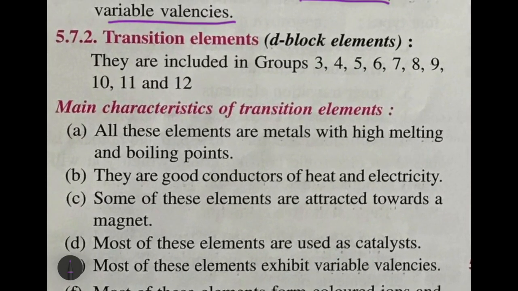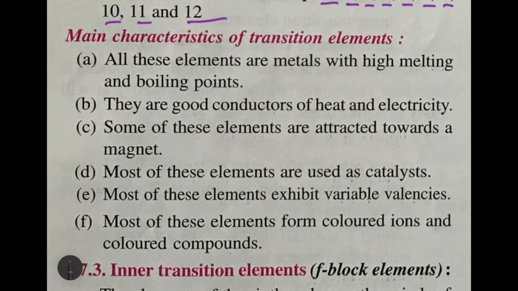Now next, moving on to transition elements or D block elements. You will find them in groups 3, 4, 5, 6, 7, 8, 9, 10, 11 and 12. The main characteristics of transition elements: these are elements all with high melting and boiling points. That means they are all metals.